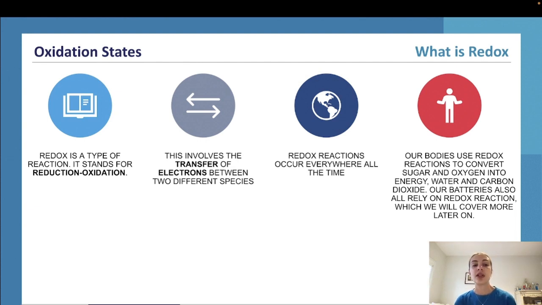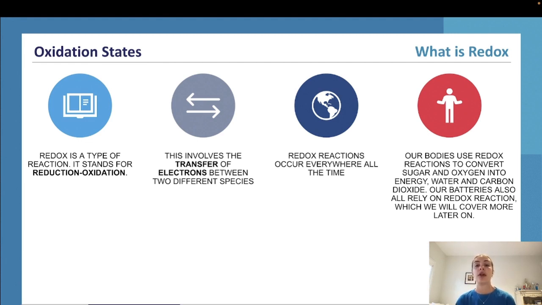Essentially, the word redox comes from reduction, oxidation: the first 3 letters of reduction, the first 2 letters of oxidation. A redox reaction is a reaction which involves a transfer of electrons between 2 different species, so that being 2 different molecules, 2 different elements, 2 different atoms.